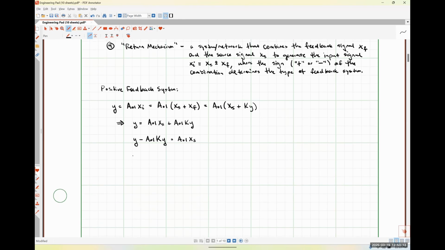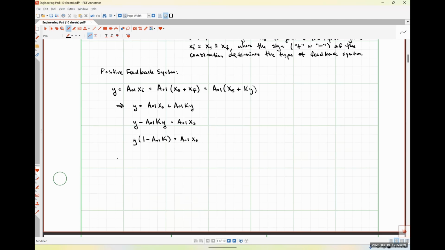I can factor out y from the left-hand side, giving me y multiplied by 1 minus AOL times K is equal to AOL times XS. And now I'm going to define my closed loop gain, ACL, to be equal to my output signal Y divided by my input signal X sub S.